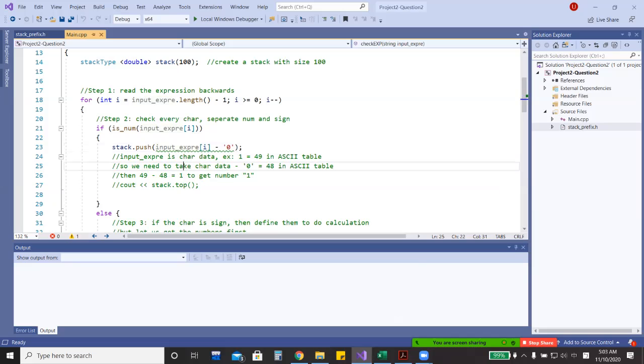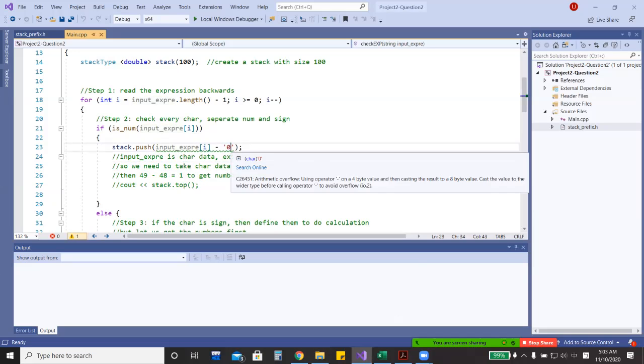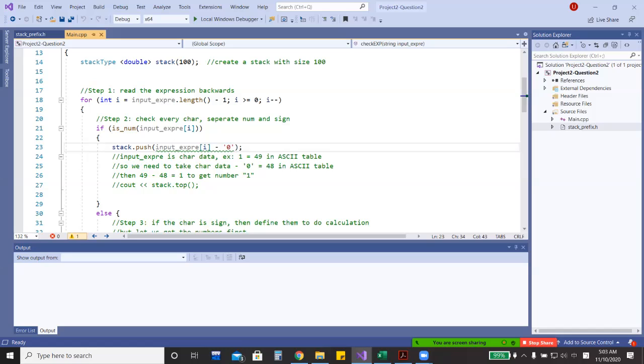So what I do here is I just minus the character 0. For example, the character 1 is number 49 in ASCII code, and 0 stands for 48.